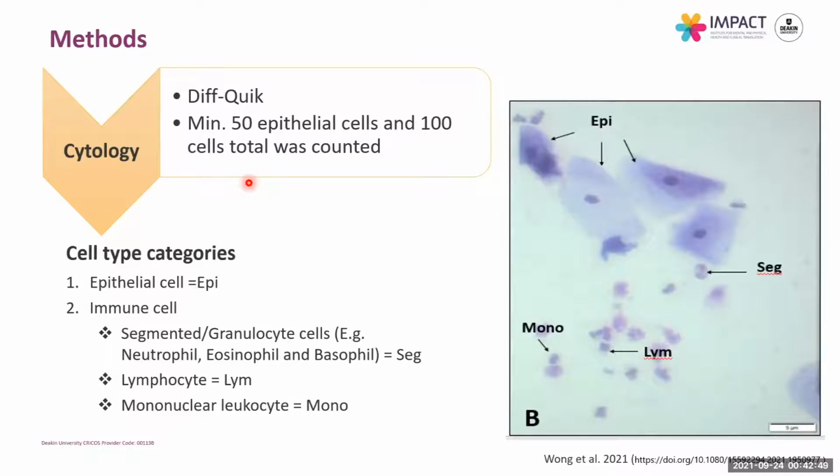A minimum of 50 epithelial cells and 100 cells total was counted. Cells were scored as epithelial cells or immune cells, the latter including segmented cells, lymphocytes and monocytes, as shown in this picture. This image is viewed under the microscope at 100 times magnification.